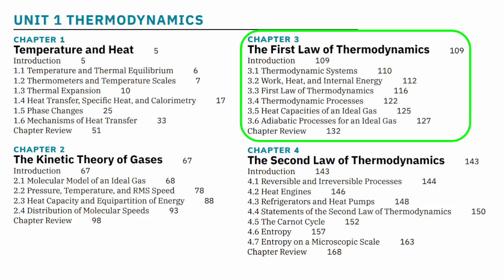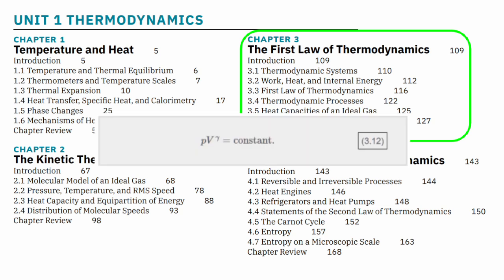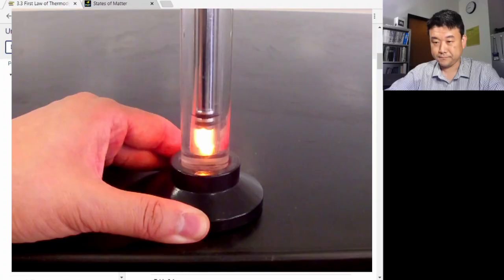There are other useful things from chapter 3, such as the adiabatic relationship, which follows from the increase in the internal energy when work is done on the gas without heat outflow. This effect was demonstrated with the fire syringe.